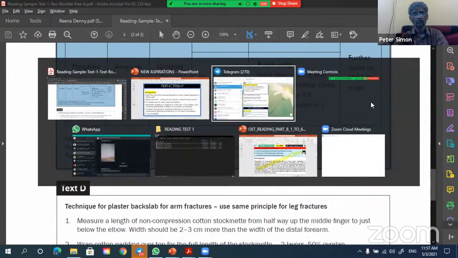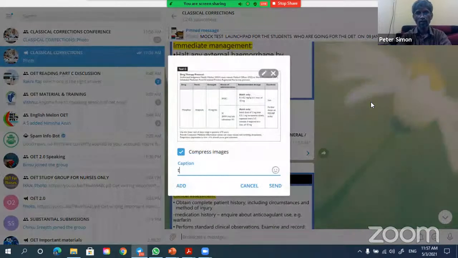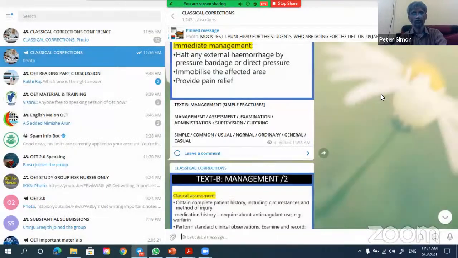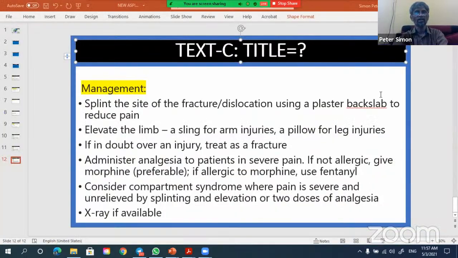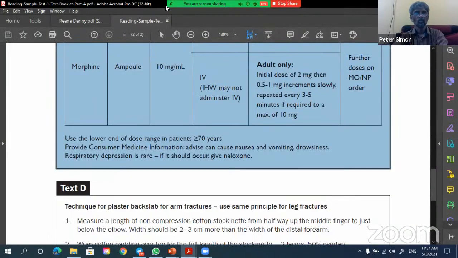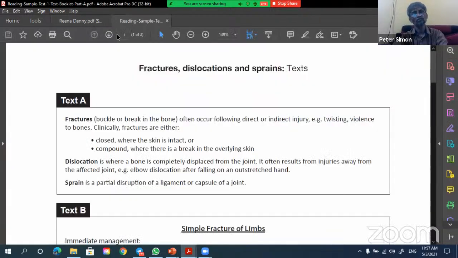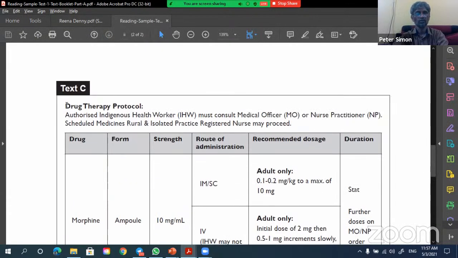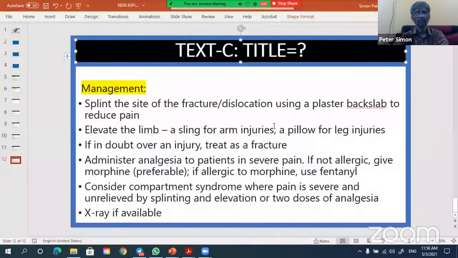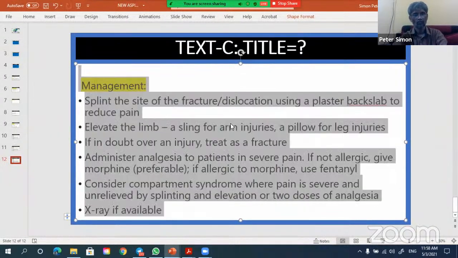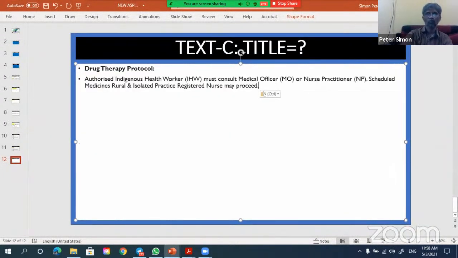Yes. So there is text C. Now text C, what title can we give? Let us see. Fine. Yes, here it is. So this is one copy. So this is drug protocol.